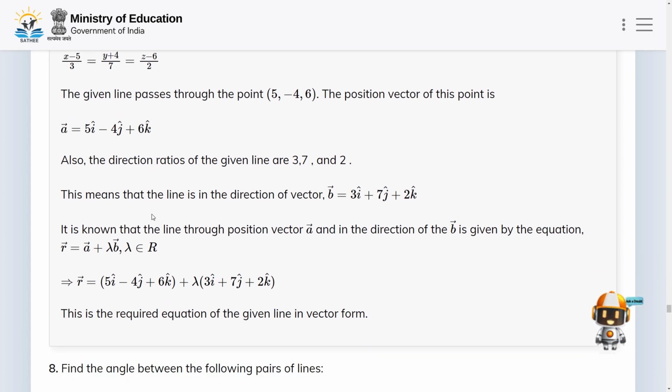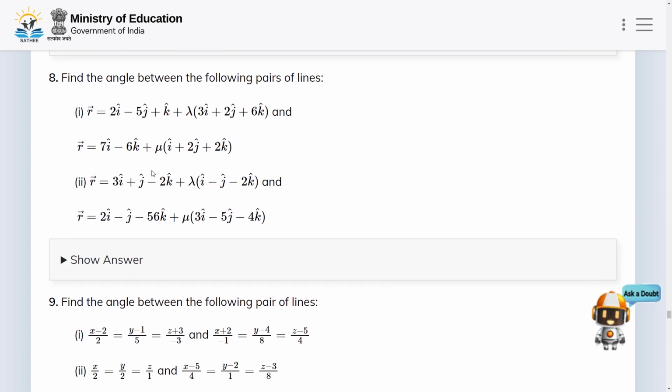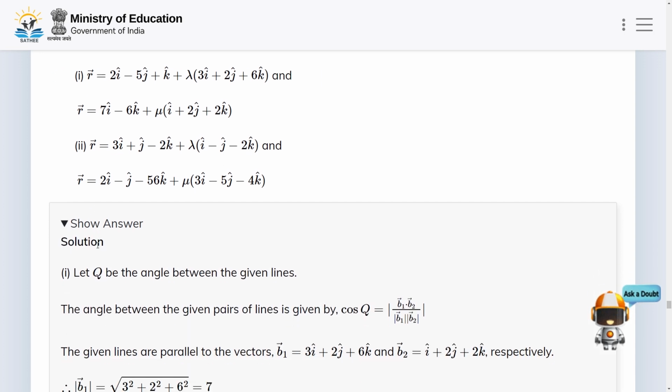Now eighth problem. Find the angle between the following pairs of lines. In the first, it is very easy to find the angle. You know the formula. Cos Q, here we are taking Q as our angle. Cos Q is the absolute value of b1 vector dot product with b2 vector, divided by the product of the magnitudes of these.